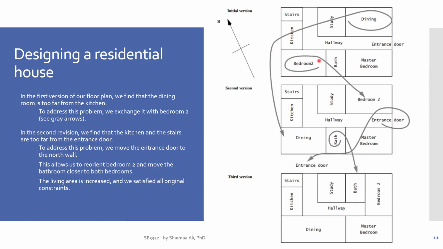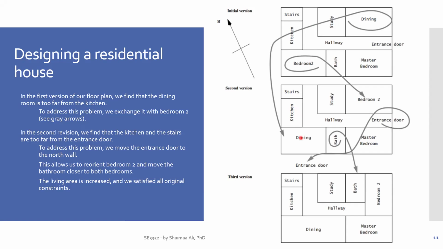We will see that the dining room is supposed to be close to the kitchen, right? So that's not good. Therefore, in the second attempt, we refine our design and rearrange it so that the dining room would be close to the kitchen.